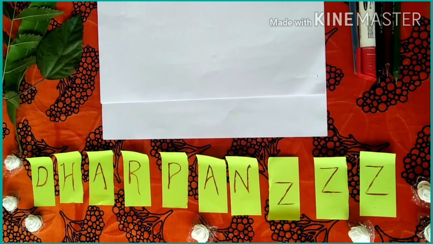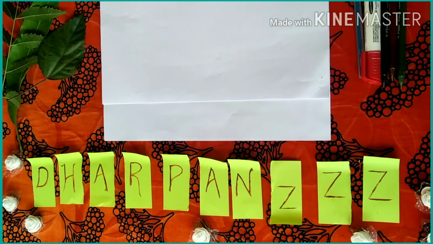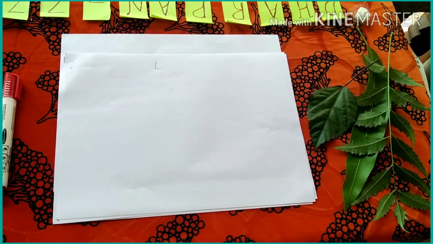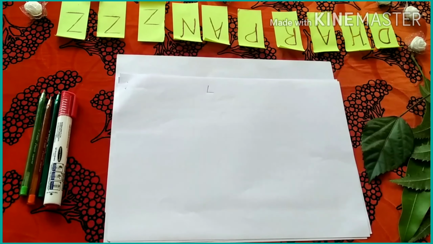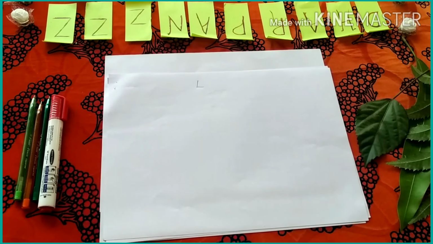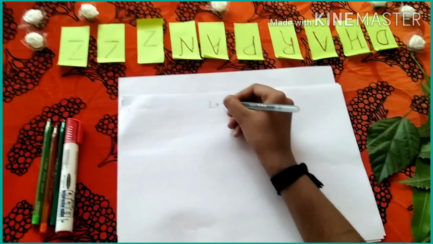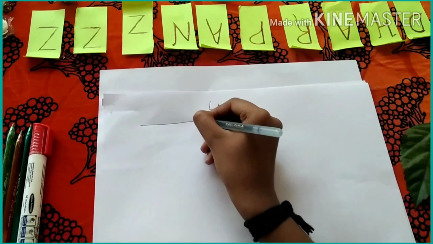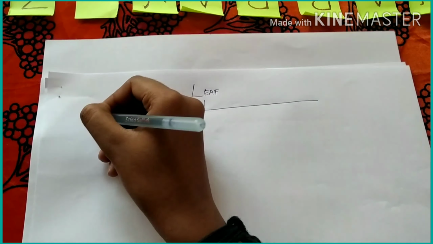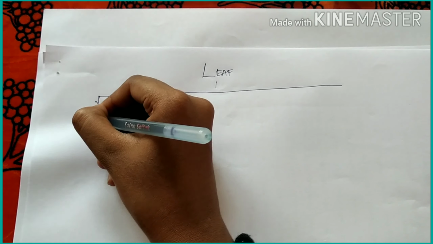Today we are going to deal with the structure of a typical leaf. A typical leaf consists of three regions. The first one is the leaf base.